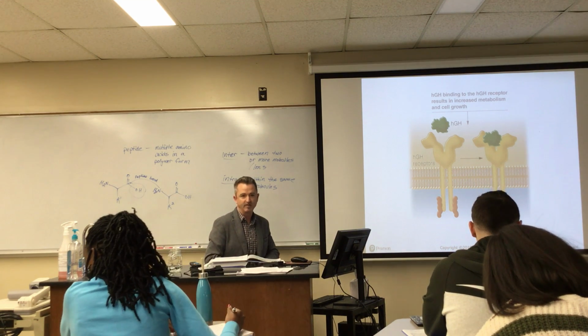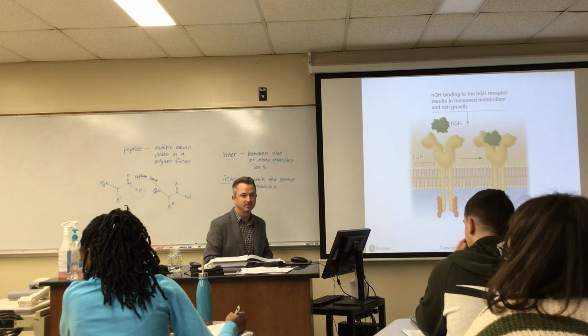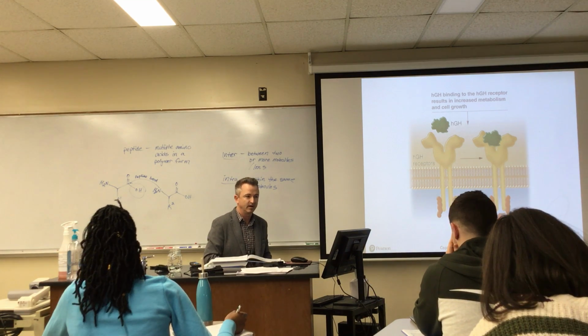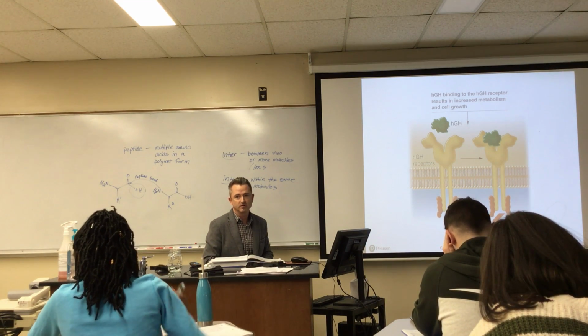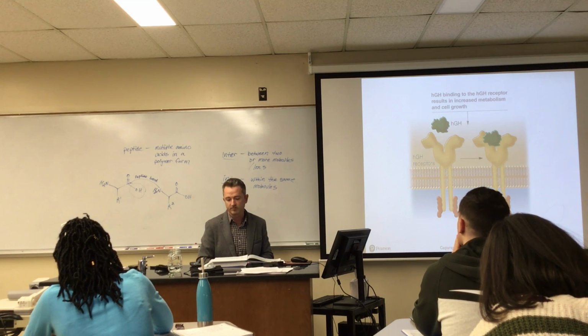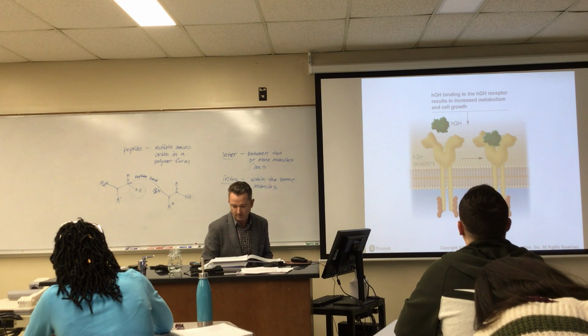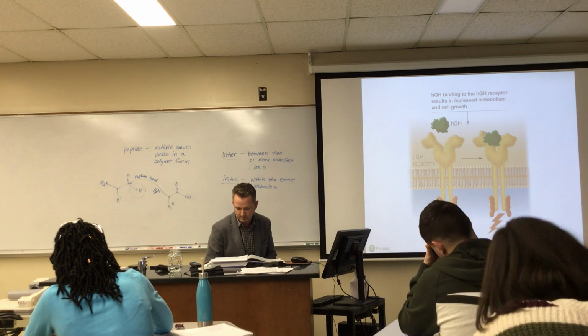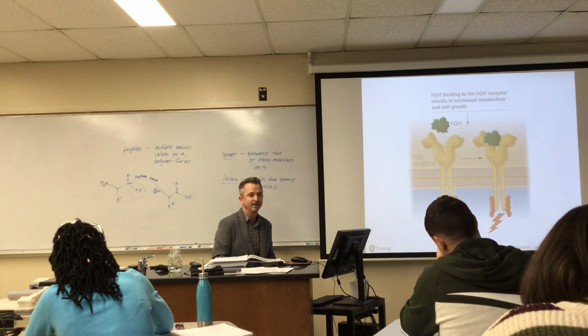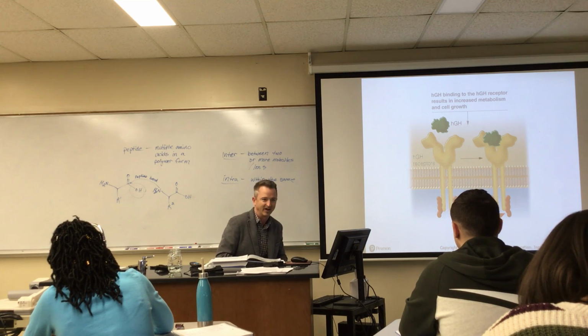This one is made up of 191 amino acids. It's pretty big, okay? Mitogen is responsible for cell proliferation, for cell division, and mitosis, okay? So it induces mitosis, hence why it's called a human growth hormone, okay?